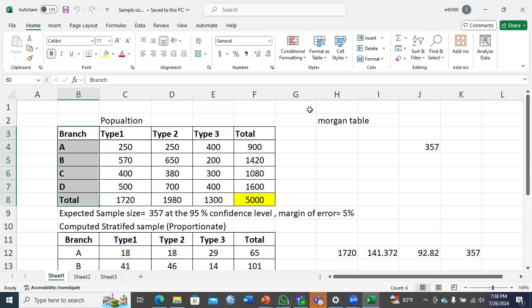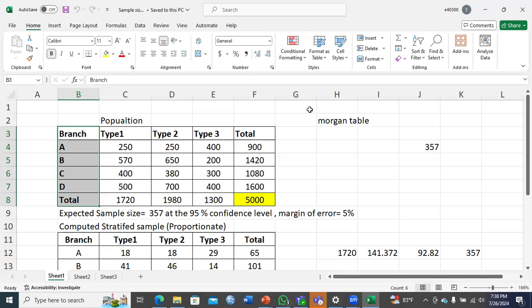If not, that sample is biased because it does not suitably represent the entire population.